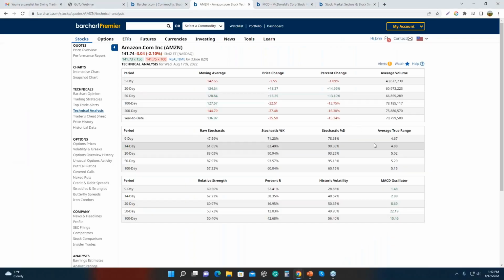Again, if I look at 1.5 and 2.5 times my ATR in this case, so what are we looking at? Well, we're looking at around $6, maybe $7 for a potential target.